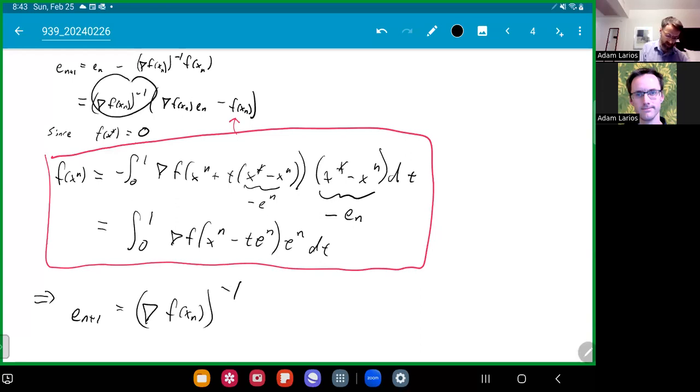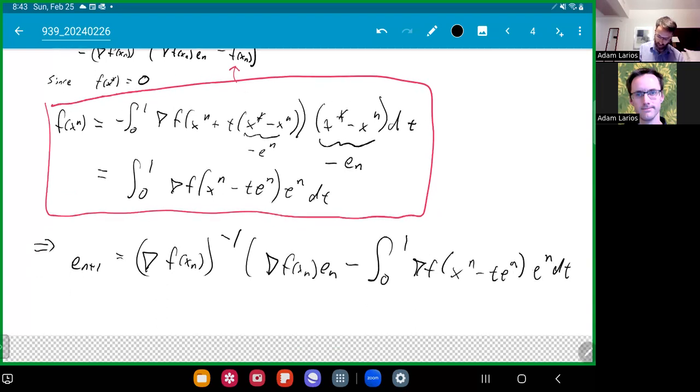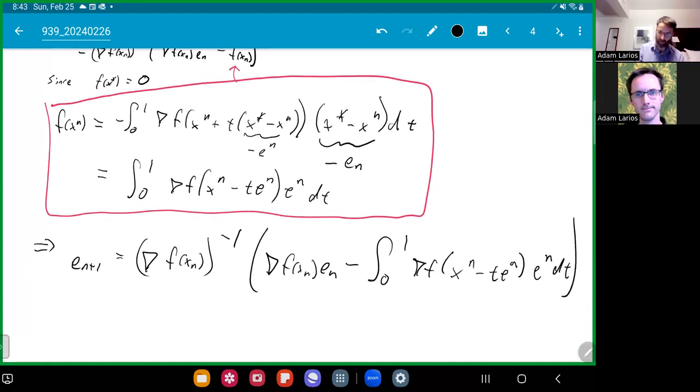That's just this piece. But then times the gradient of f of xn En minus the integral 0 to 1 of gradient of f of xn minus t En times En dt. And finish off with big parentheses. All right.